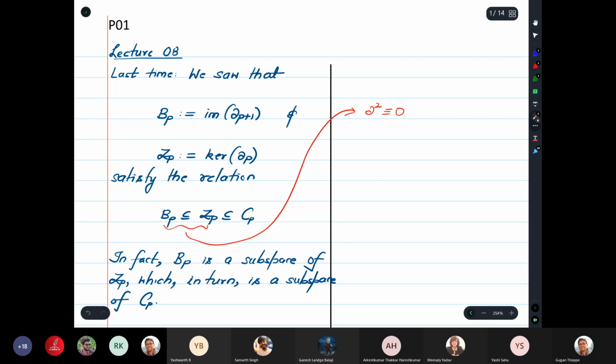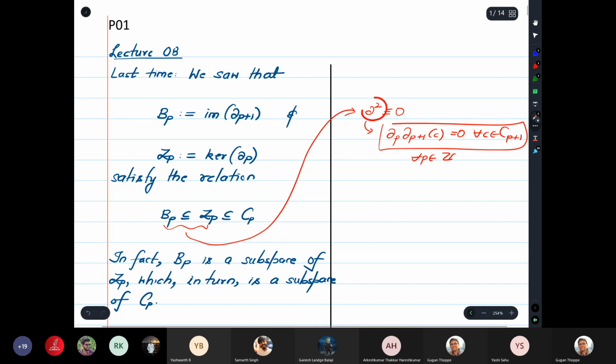I spent some time explaining how to interpret ∂². This is to be interpreted as ∂_p of ∂_{p+1} of c equals 0 for all c in C_{p+1}, and this is true for all p in the set of integers.